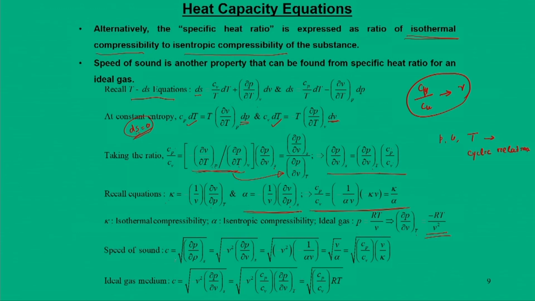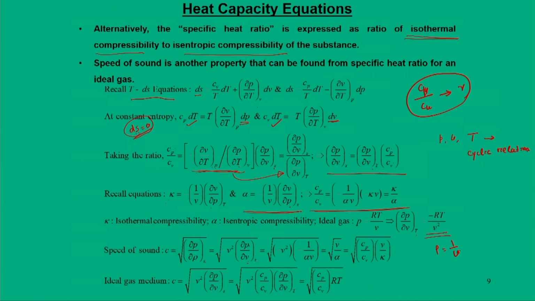Speed of sound C is defined as dou P by dou rho at constant S. Now rho is equal to 1 by specific volume, so the speed of sound is expressed as minus V square dou P by dou V at constant S.